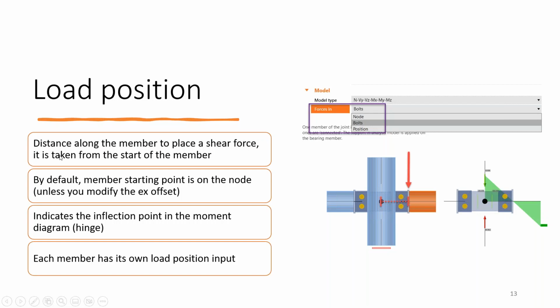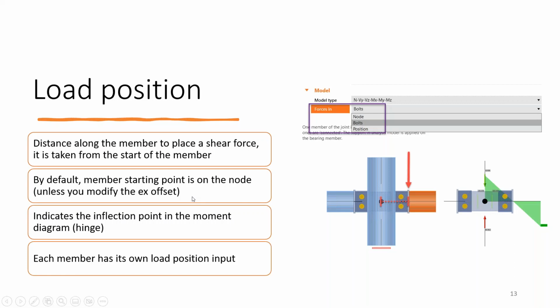So again, this list is representing the key points of the load position input. This is the distance along the member to place a shear force, and it is always taken from the start of the member. By default, the member starting point is on the node, unless you modify the EX offset.